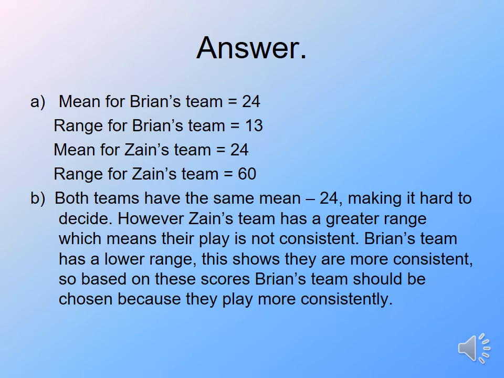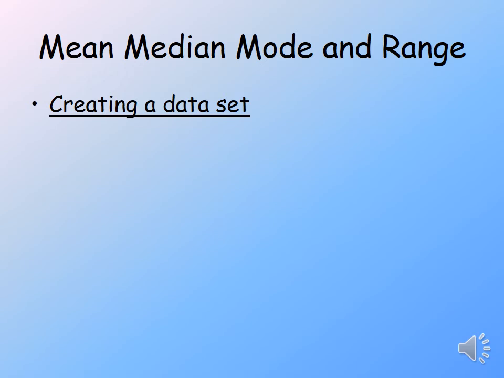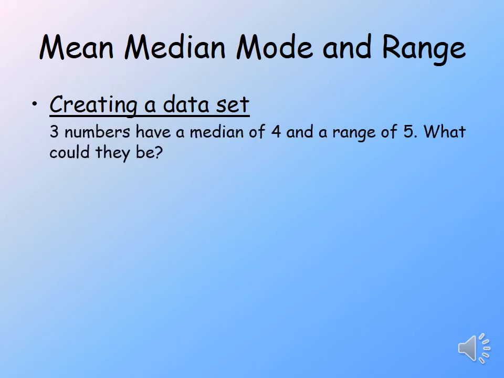Okay, so we're going to next look at some variations of other questions that you could be asked. The first is that you could be asked to create a set of data. You will be given the instructions, and you either have to calculate or arrange the numbers in a certain order. Here the instruction is: 3 numbers have a median of 4 and a range of 5.